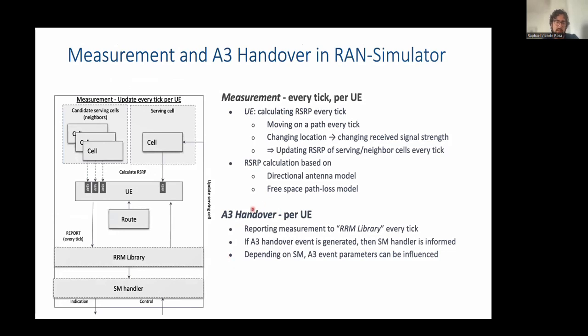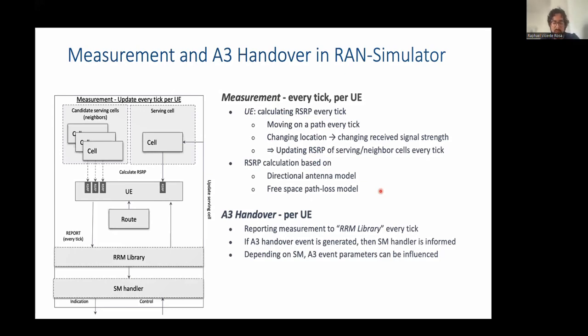The A3 handover events are defined by, for instance, the radio resource management library, from where the A3 event is triggered, and based on this trigger of the event here, the library that conducts the handover analyzes if the handover was triggered by this event, and if that handover was triggered based on the UE mobility and the change of the location, then it updates the RSRP of the serving and neighbor cells for that UE, and that triggers the events of the service models.